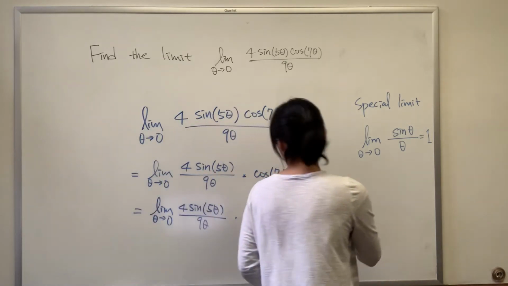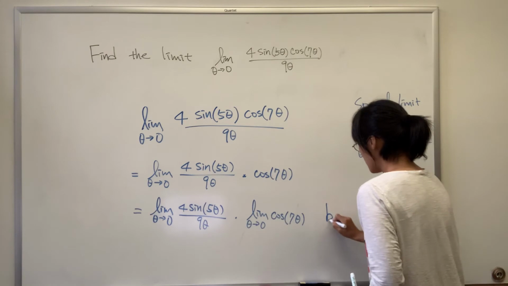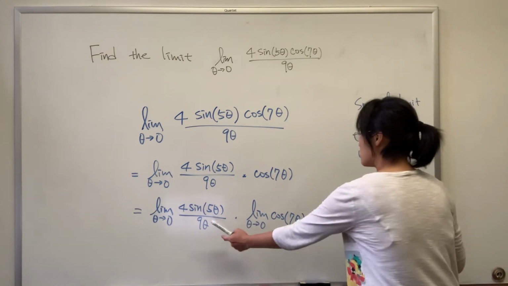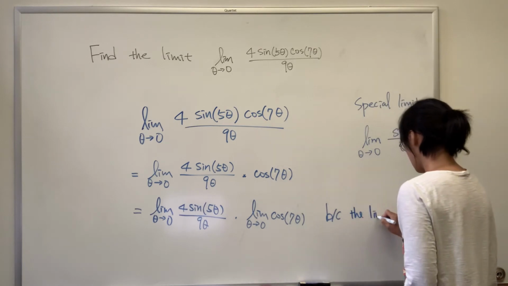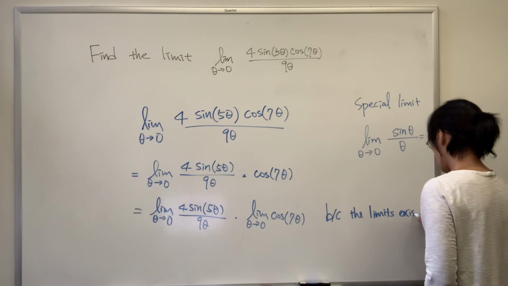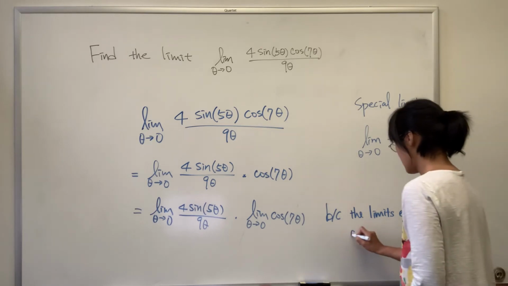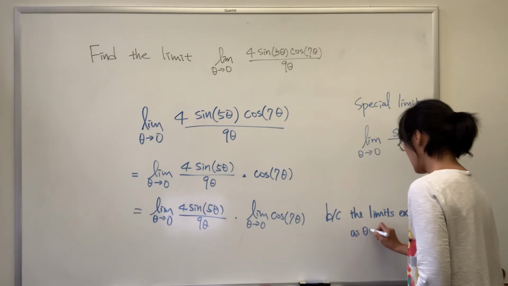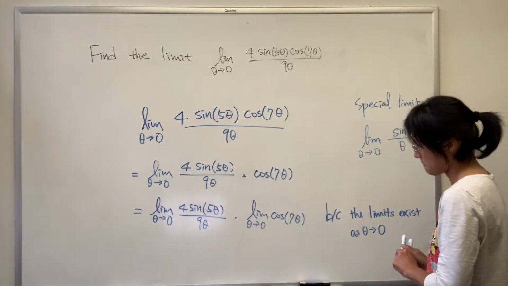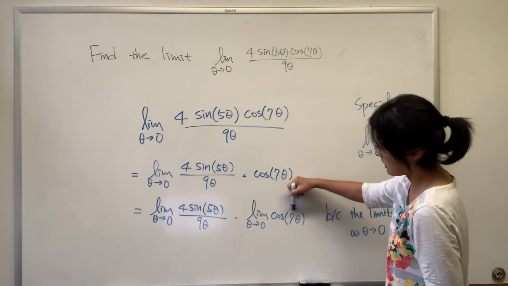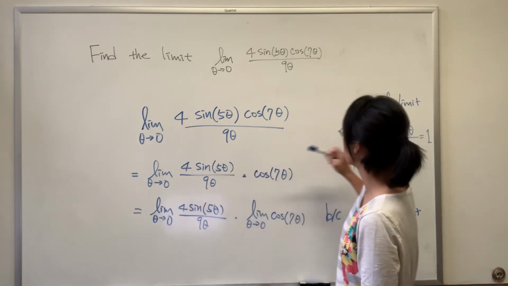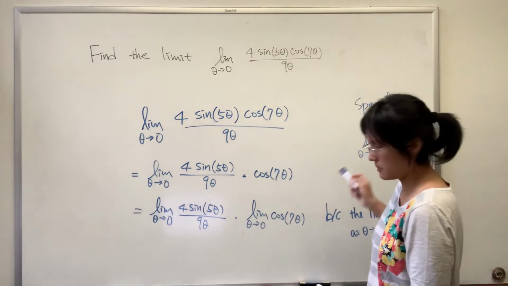Okay? Why can we do this? Because the two limits both exist as theta approaches 0. This is because we know cosine is a continuous function. This is, we know from practicing the special limits.